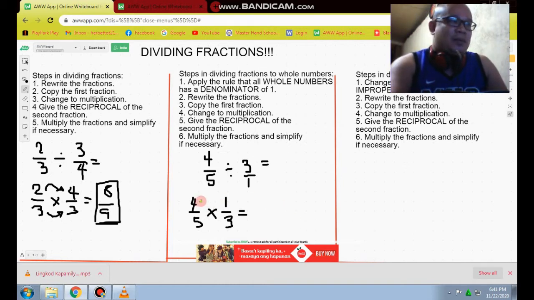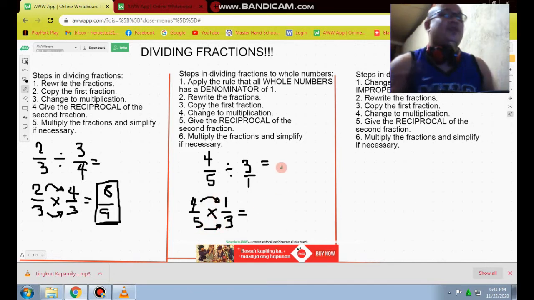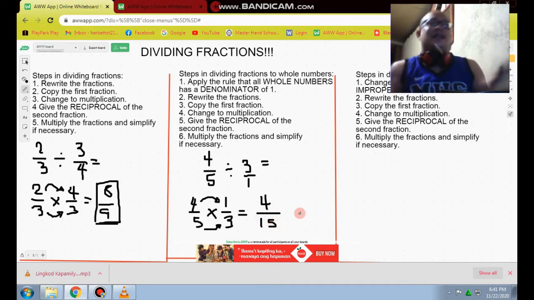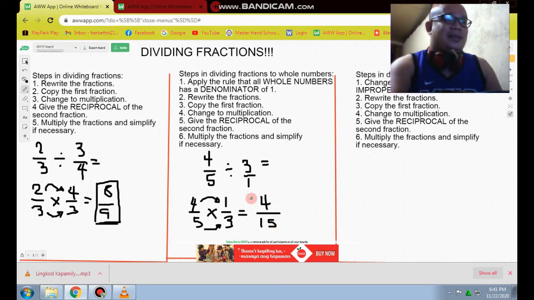So, multiply, numerator to numerator, and denominator to denominator. Alright, ayan. So, 4 times 1 is we have 4. And 5 times 3 is we have 15. So, sabi, simplify if necessary. So, meron bang common factor yung 4 and 15? Okay, so, wala. So, this is now our final answer, 4 over 15.